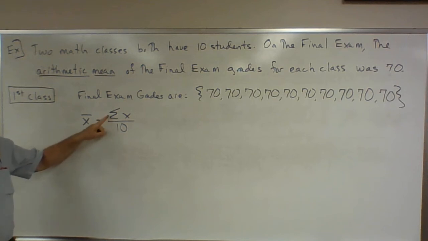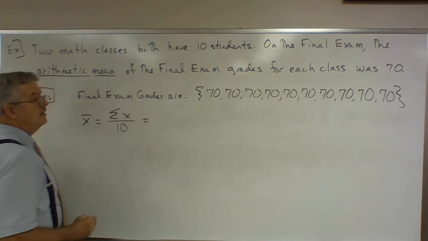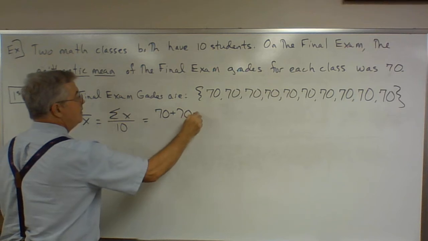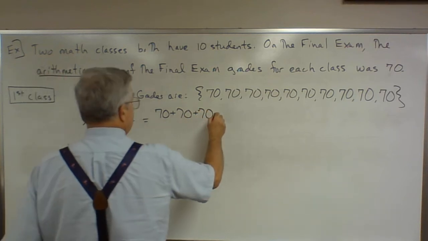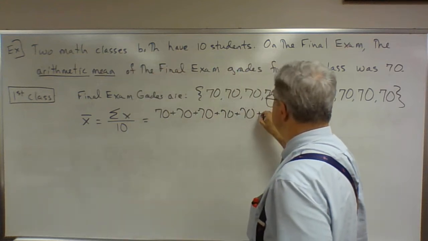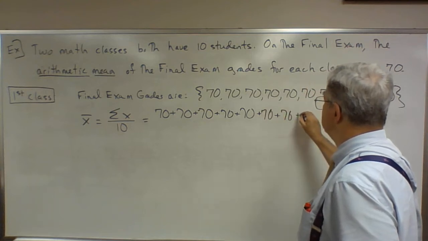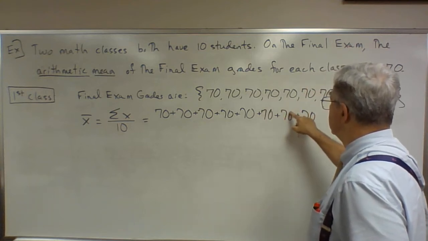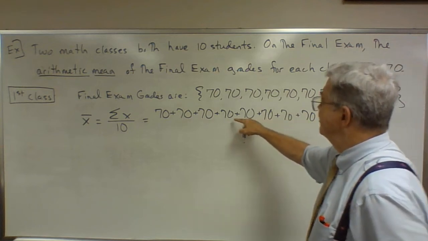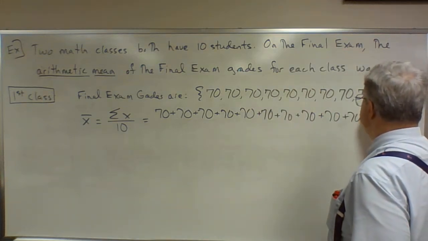Add up all of the data values, divide by the number of data values. And wow, everybody got a 70. So that's going to be 70 plus 70 plus 70 plus 70 plus 70 plus 70 plus 70 plus 70 plus 70. 1, 2, 3, 4, 5, 6, 7, 8, 9. Got one more. Plus 70.